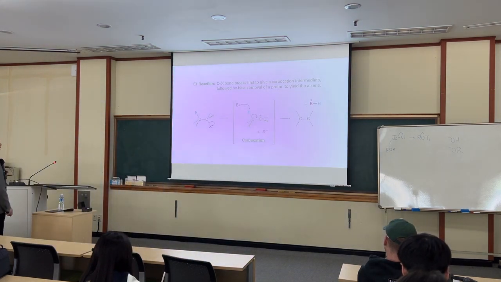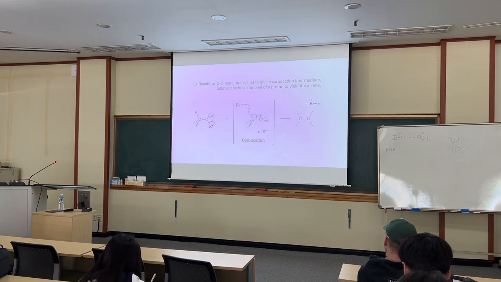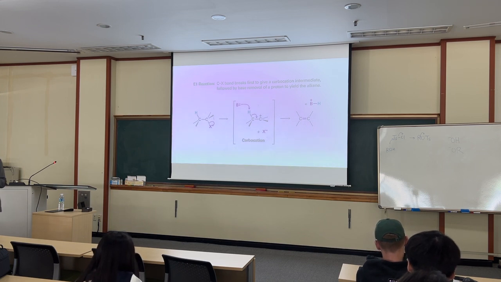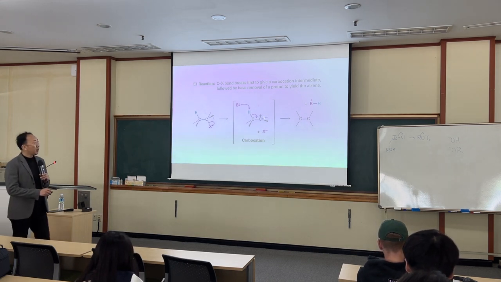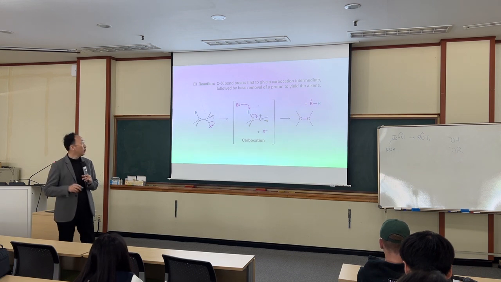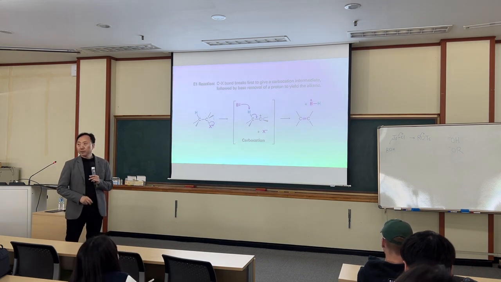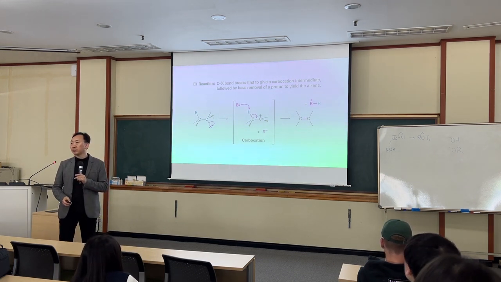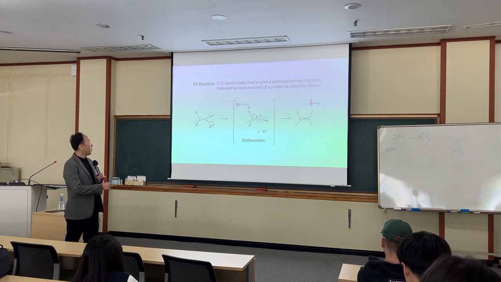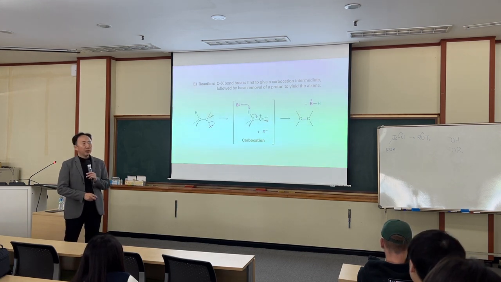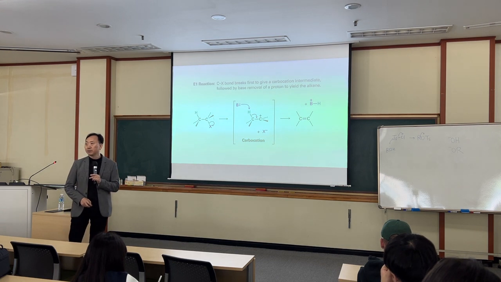First of all, the E1 mechanism. Similar to SN1, it loses the halide first and forms a carbocation. Once it forms a carbocation, there are two options. The nucleophile attacks here, then it's an SN1 reaction. Or the nucleophile behaves as a base and takes this proton, then it's the elimination product.